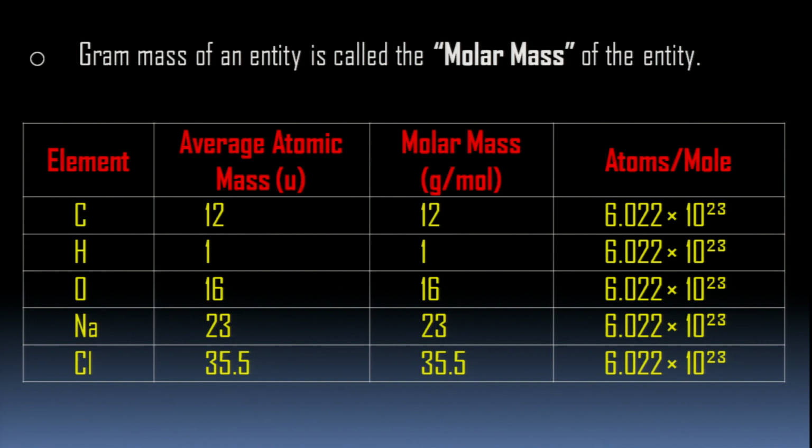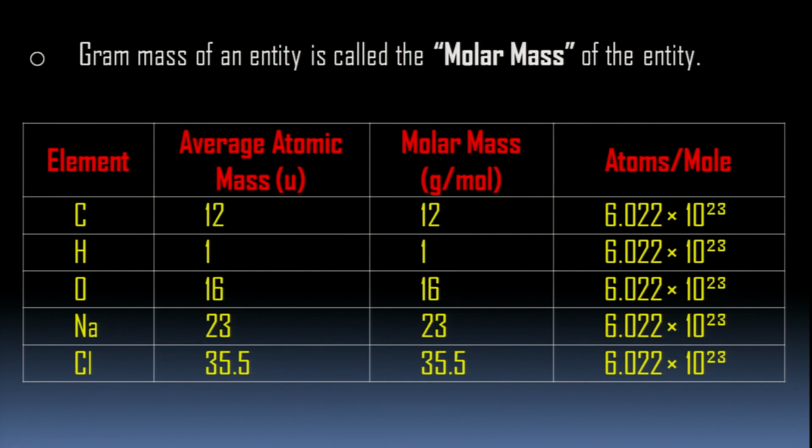So for element carbon, average atomic mass is 12 U, but the molar mass becomes 12 grams per mole. If carbon has average atomic mass 12, its molar mass becomes 12 grams.